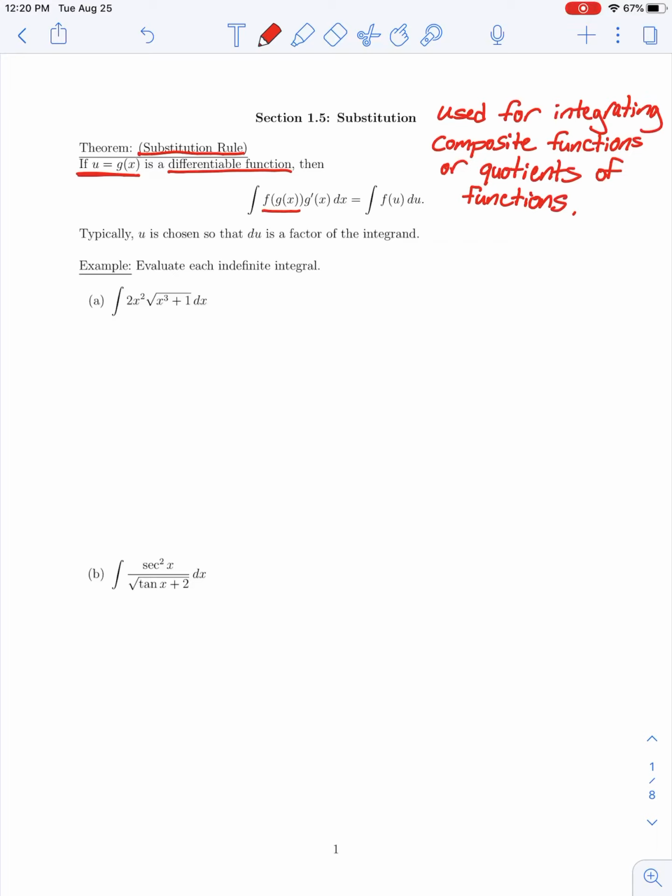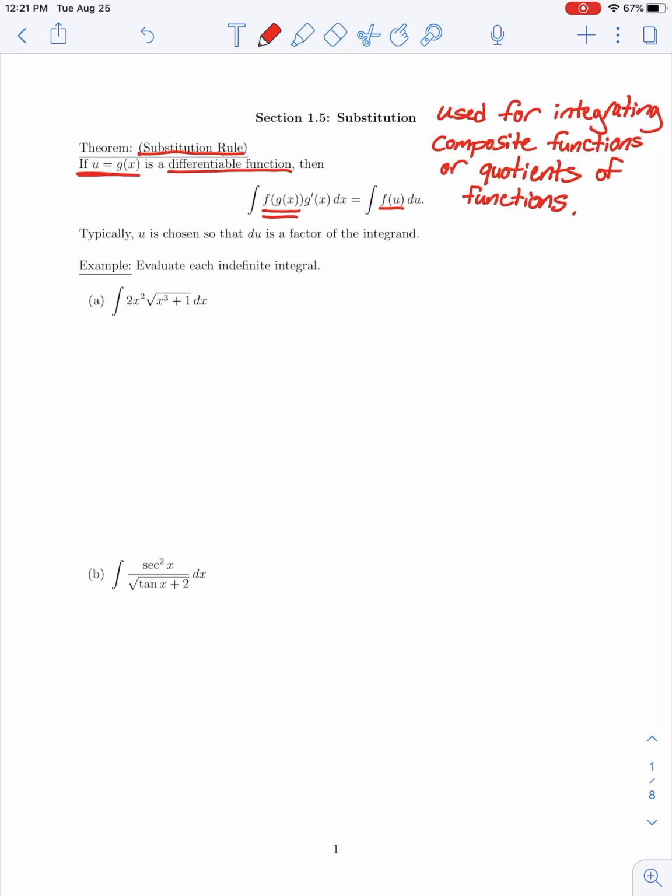So our goal is to take the integral involving the composite function f of g of x in terms of x and rewrite it in terms of an integral involving u. So if we let u equal g of x, then this composite function f of g of x becomes simply f of u.